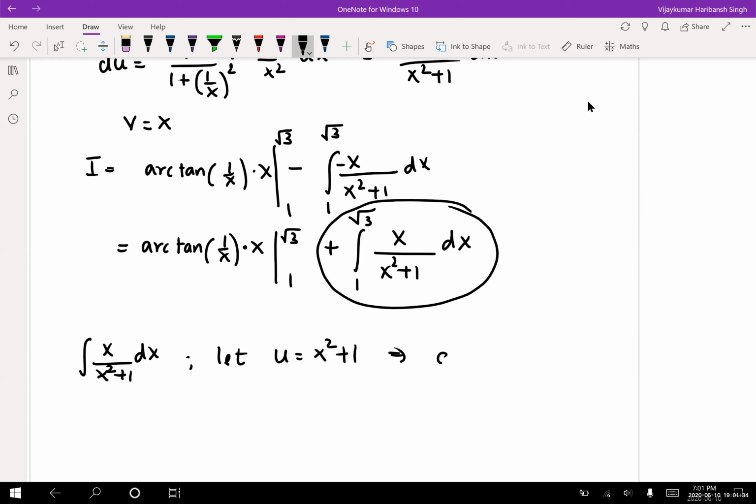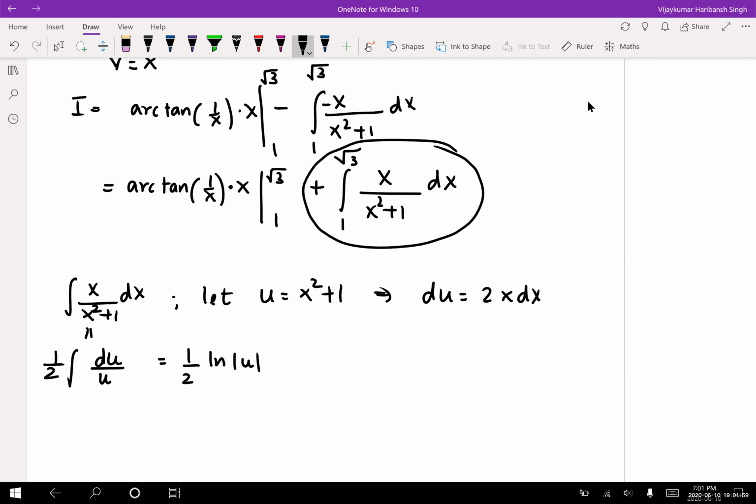This implies du equals 2x dx. Therefore this integral is the same as du by 2. So 1 by 2 outside, and instead of x squared plus 1 in the bottom you have u, which will give me half ln of absolute value of u. That is the same as half ln of x squared plus 1. I don't need the absolute value sign because I know it's always positive.